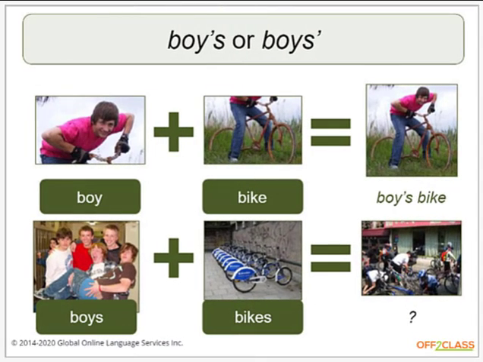So here's a good test for you to try out. Boy's or boys'? Here's one we start out with. Boy plus bike equals boy's bike, right? Because this boy owns this bike. How about this one? Boys plus bikes. Is it a possessive noun or is it a plural noun?